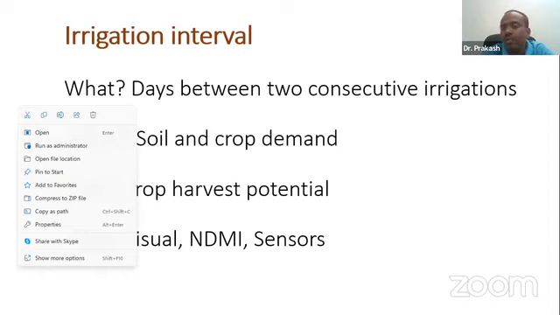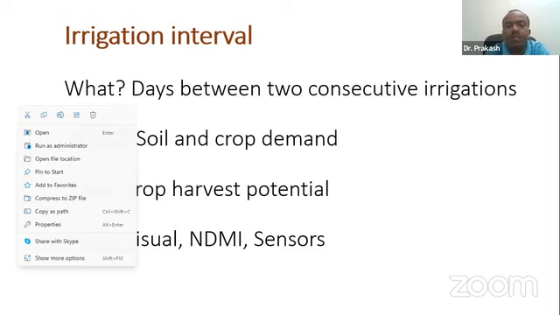As per the earlier slide, soils have different types, different structure and texture, different water holding capacity. That is a physical as well as chemical and biological parameter of the soils, and they are different. So they require different irrigation intervals as per the soil type.